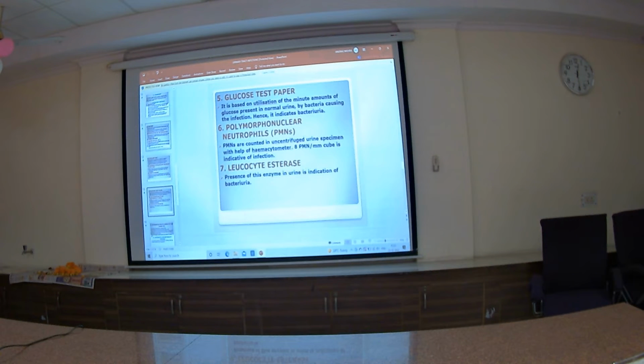Next, the presence of polymorphonuclear neutrophils in uncentrifuged urine specimen having a value of 8 polymorphonuclear neutrophils per mm cube is indicative of infection.